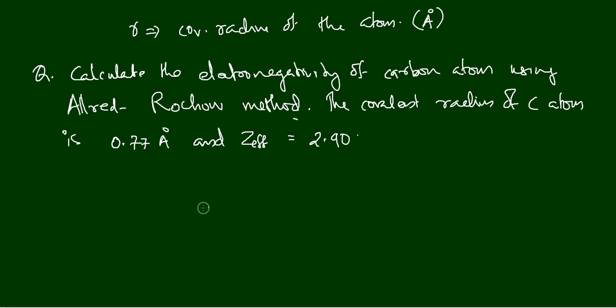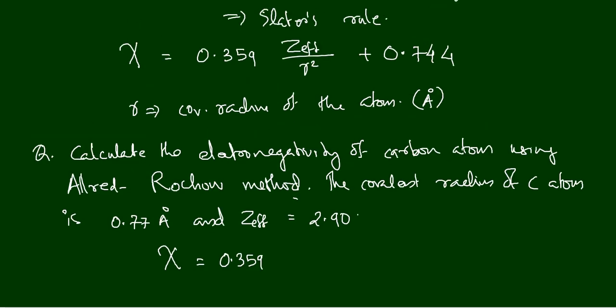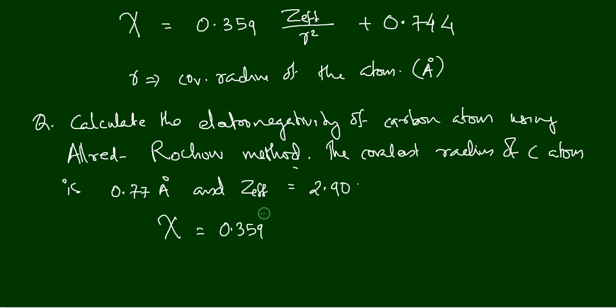So here we are going to use the Allred-Rochow's equation for the electronegativity, and Allred-Rochow's equation is chi, or we are going to calculate the chi of the carbon atom or electronegativity of the carbon atom, that is equal to 0.359 into Z effective divided by R square plus 0.744, okay.